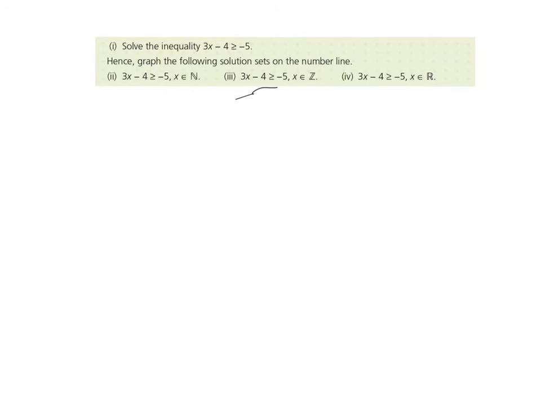So we have 3x minus 4 greater than or equal to minus 5. And this is the same for all of part 2, part 3, part 4. We have to solve it first and then we can actually put it on the number line. So let's solve. We always try and keep our x on the left hand side, like so.